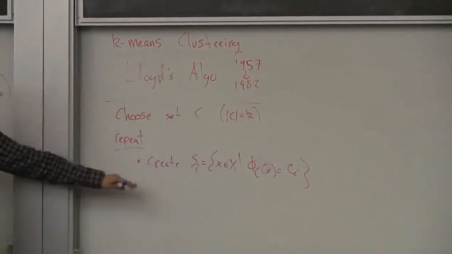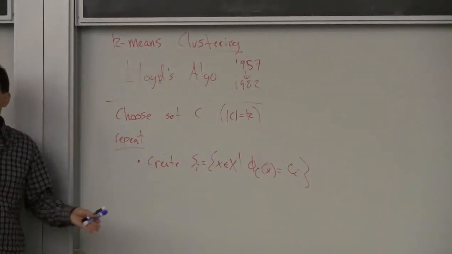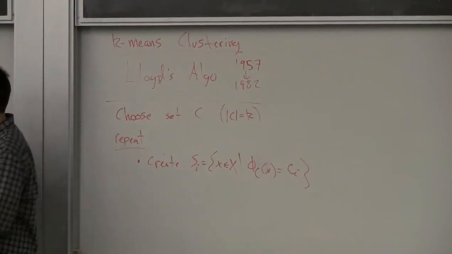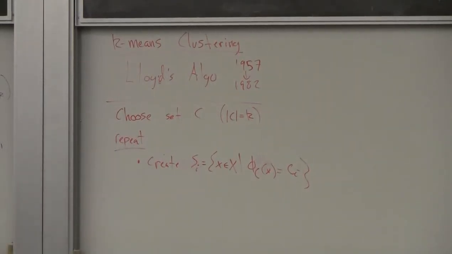So we're basically just assigning points based on this assignment function, right? We're given the set of centers, and we do the assignment.